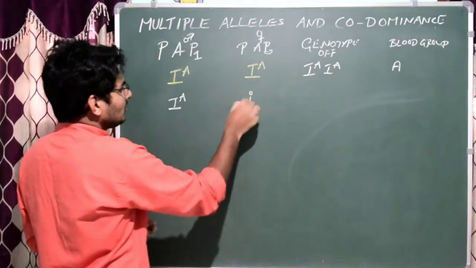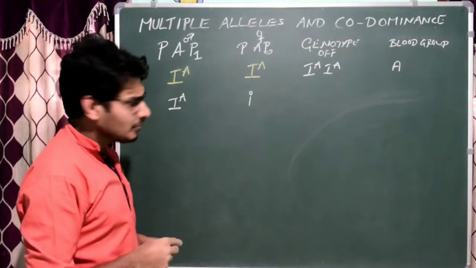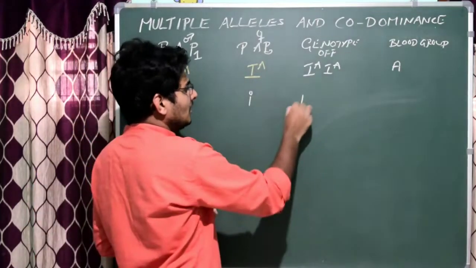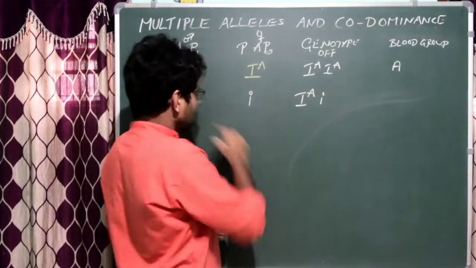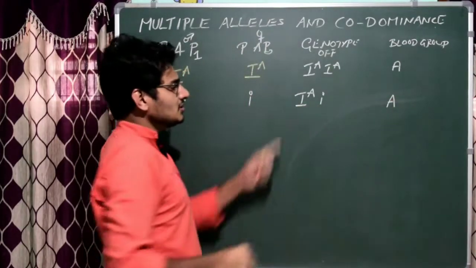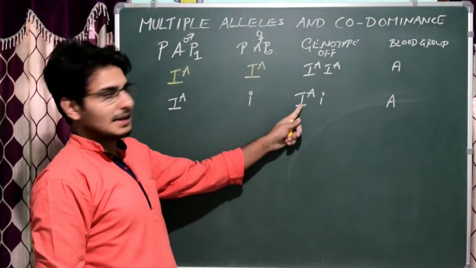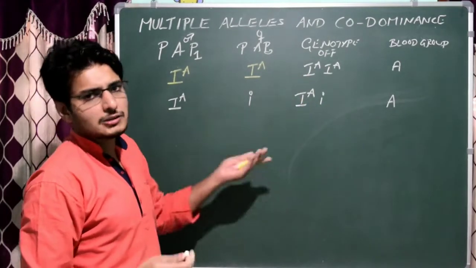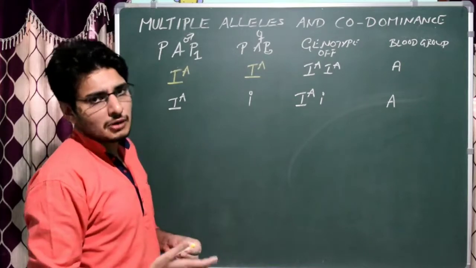Let us assume the mother now gives small i in her gamete. The genotype will be IA i, and the blood group will be A itself, because IA is the dominant allele and i is recessive, so it will express according to Mendel's law of dominance in the monohybrid cross.